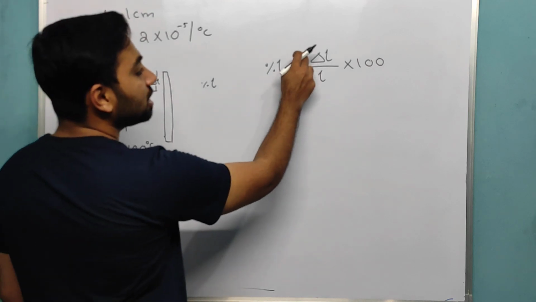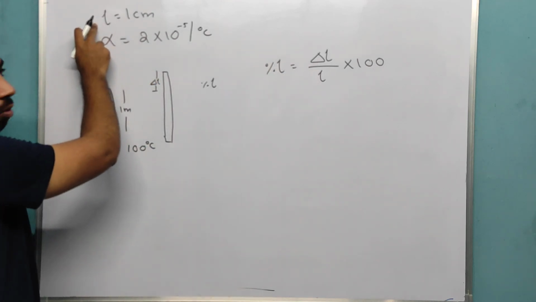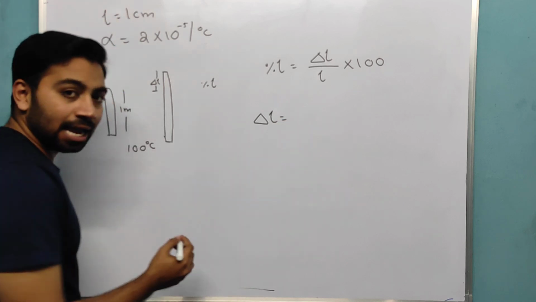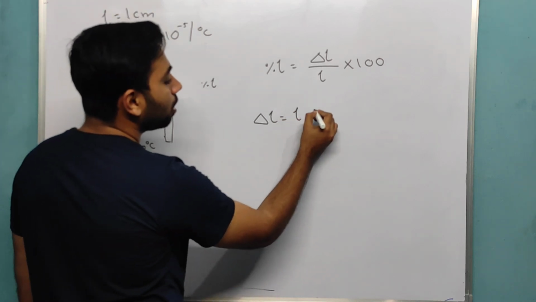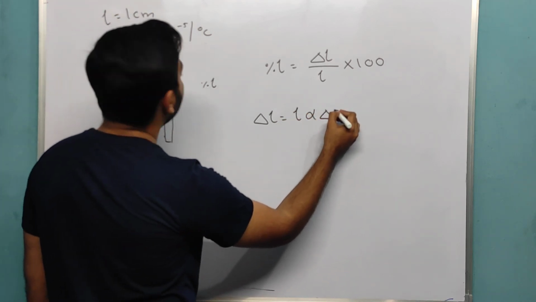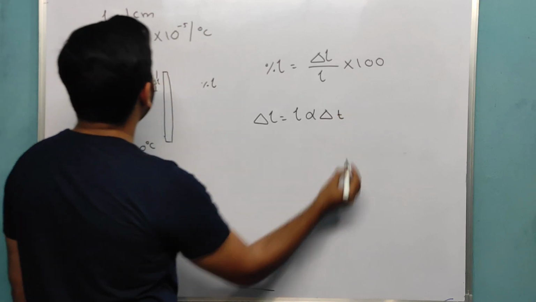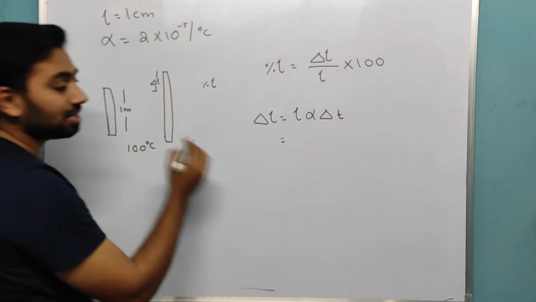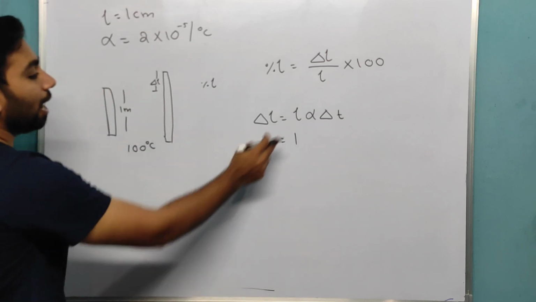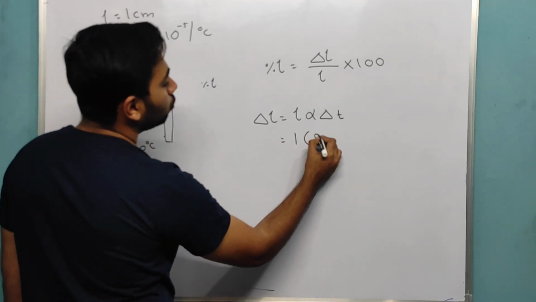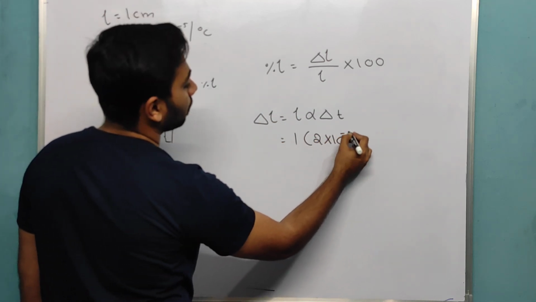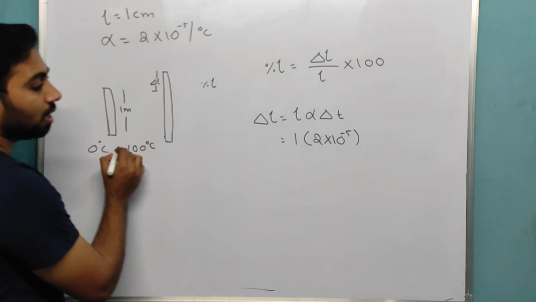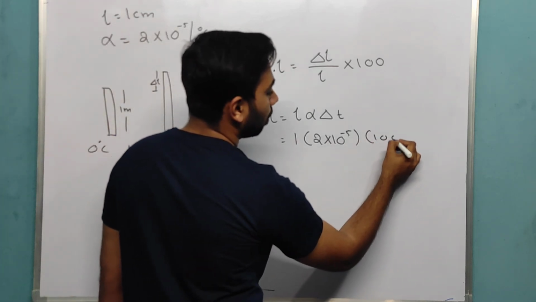Now here I want the change in L, and I have the L value. So I will calculate change in L, whose formula is L alpha into change in temperature. L is 1, alpha is 2 into 10 to the power of minus 5, and change in temperature from 0 to 100 degrees Celsius is 100.